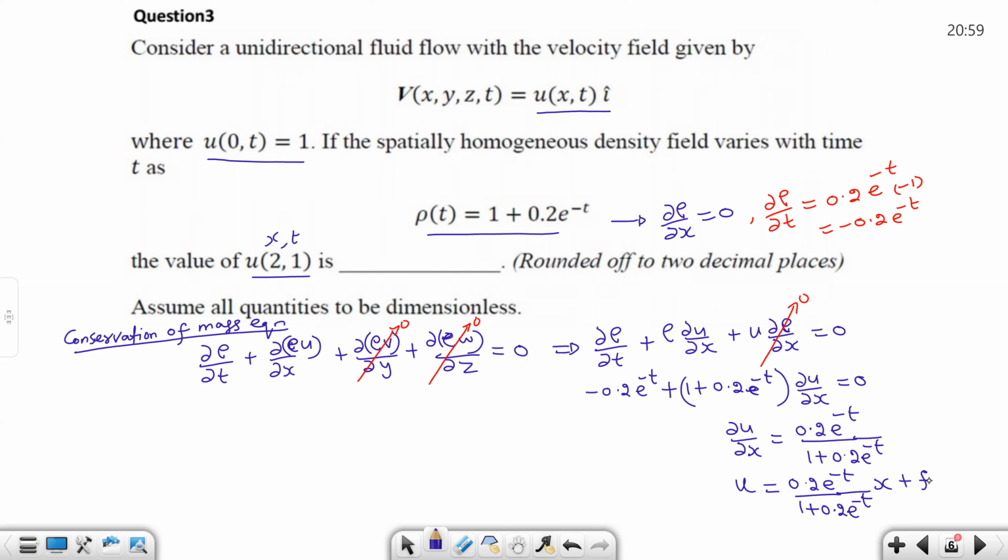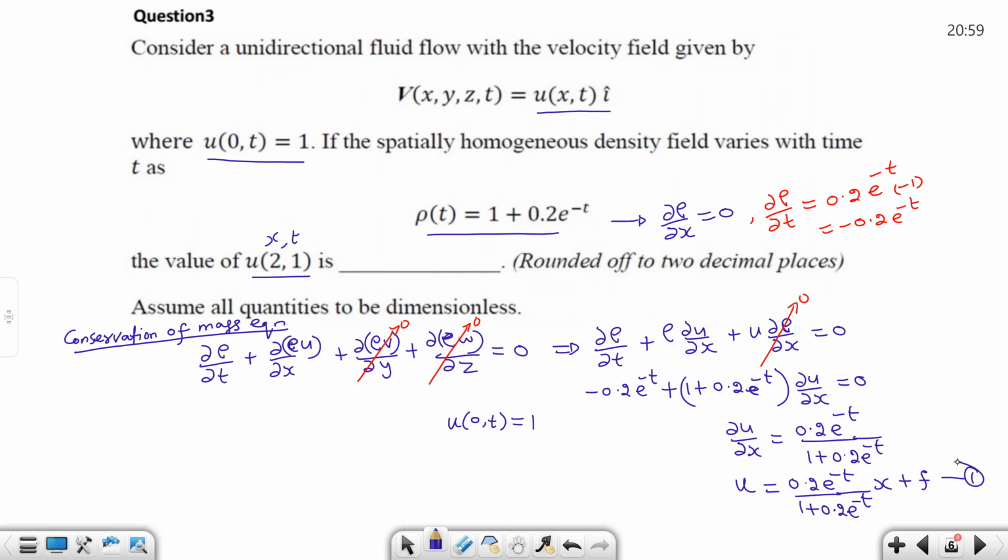This equation gives 1 equals 0 plus f, so f equals 1. That means u is 0.2 e power minus t over 1 plus e power minus t, times x, plus 1.